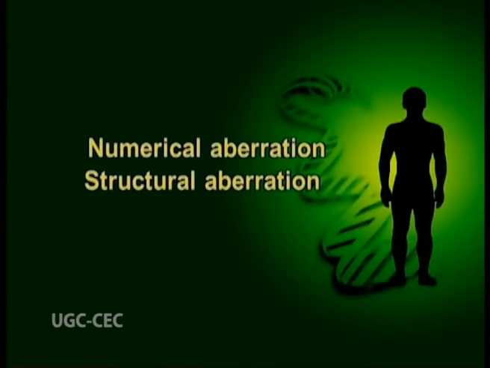So, coming to the chromosomal aberrations, any change in the chromosome number or structure leads to various disorders. The chromosomal aberrations are broadly classified into two groups. One is numerical aberration, the other one is structural aberration.